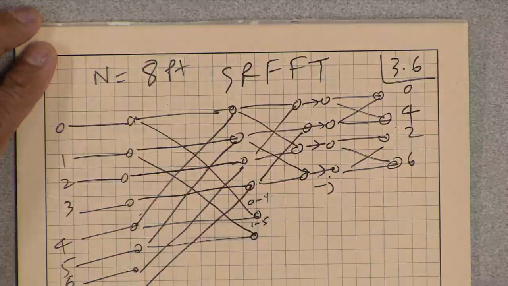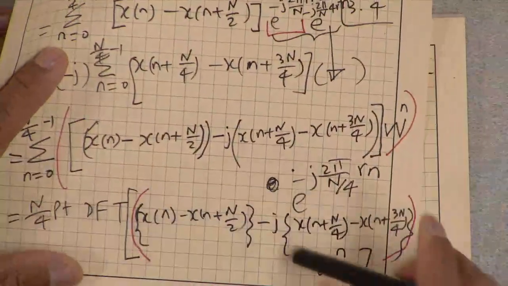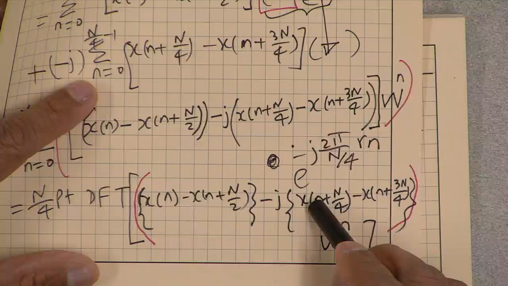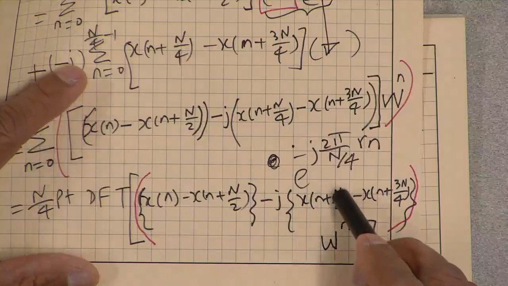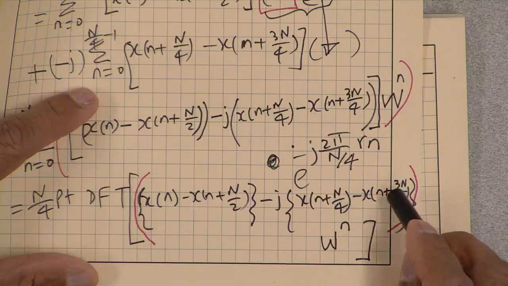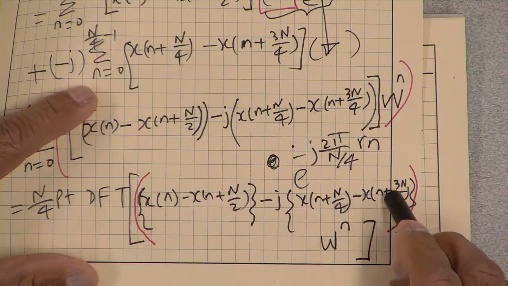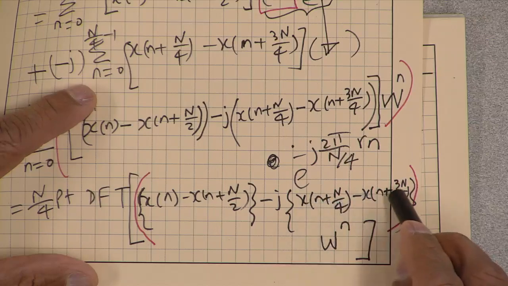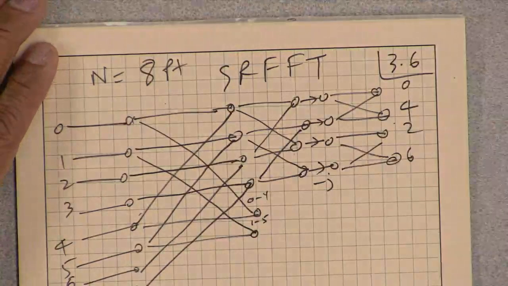Okay, and then these two here, n is 0, 8 by 4 is 2, so 2 minus 6, and then when n is 1, 1 plus 2, that is, 3 minus 7.